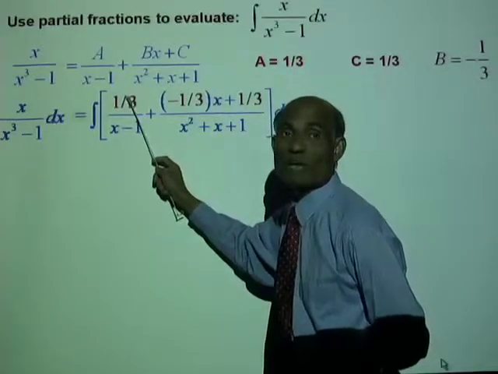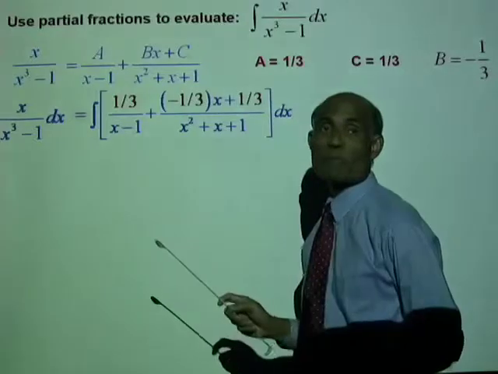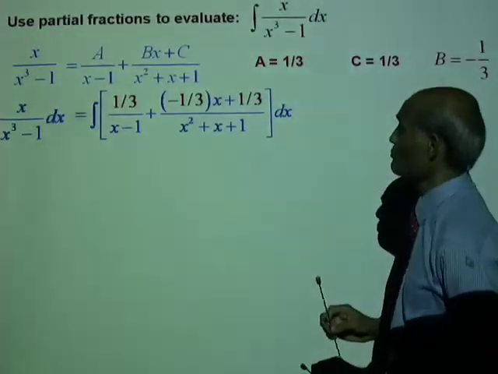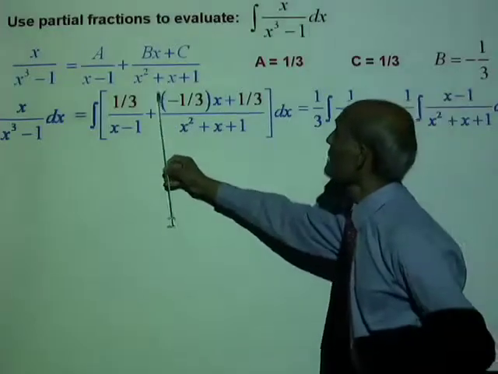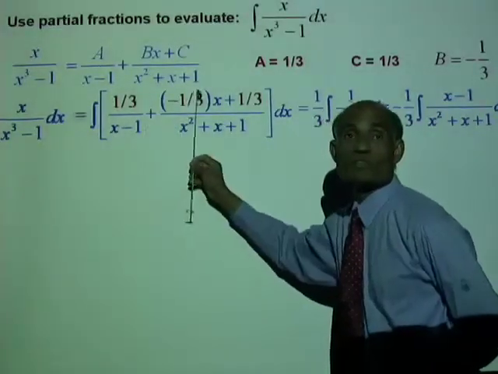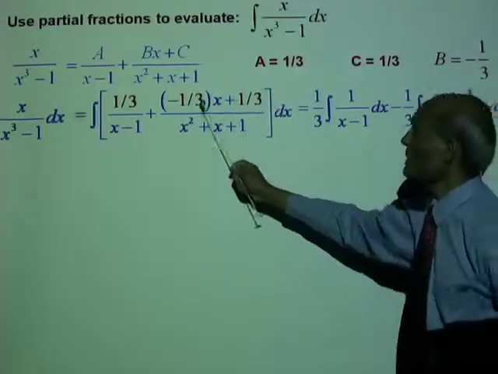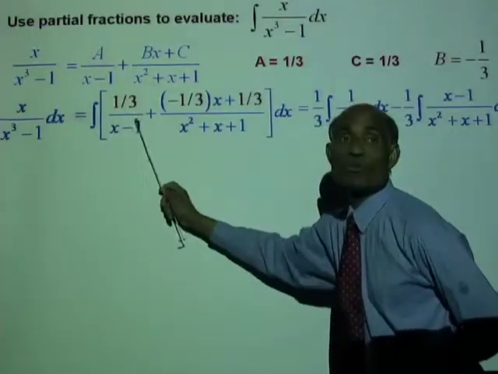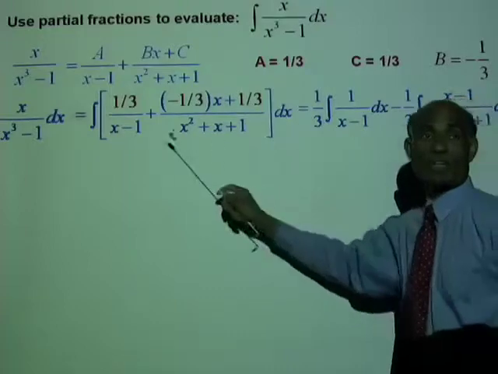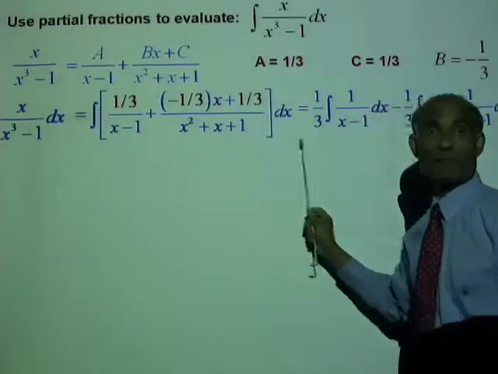So we just replaced a, b and c. Now how does that change? You can break it down into individual integrals. This will be 1/3 integral 1 over x minus 1 dx, that is the first term.